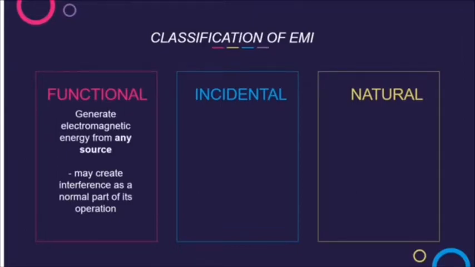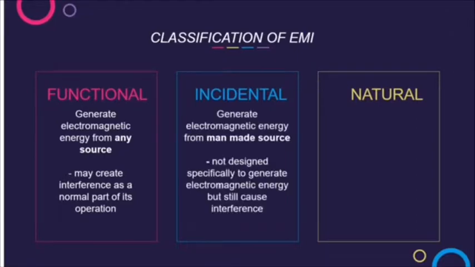What is functional EMI? Functional EMI is electromagnetic energy generated from any source. This may create interference as a normal part of its operation, while incidental EMI is electromagnetic energy generated from a man-made source.